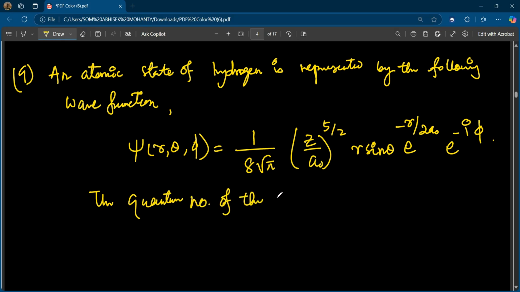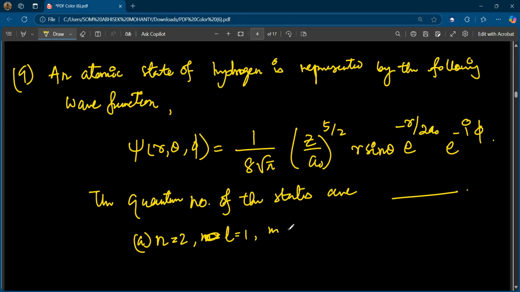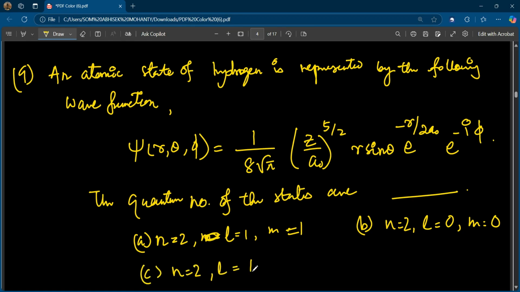The quantum numbers of the state are: option A, n equal to 2, l equal to 1, m equal to 1. Option B, n equal to 2, l equal to 0, m equal to 0. Option C, n equal to 2, l equal to 1, m equal to minus 1.